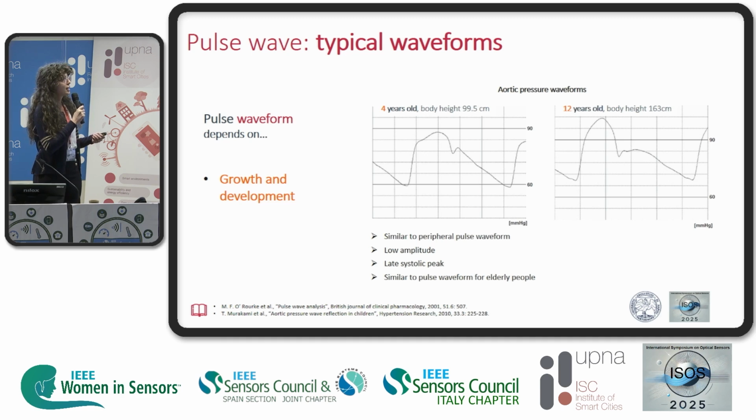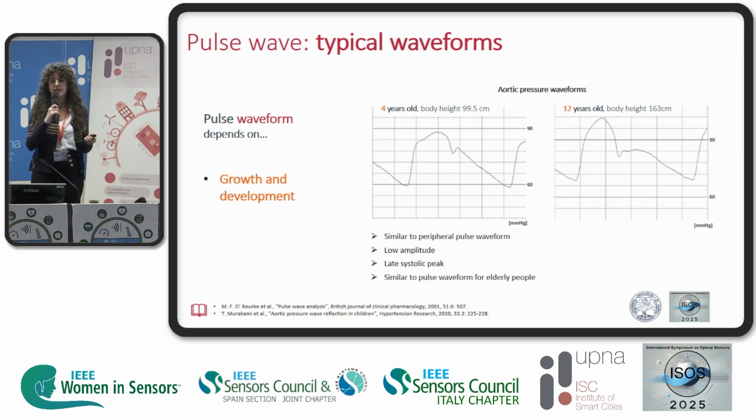Indeed, if we look at the pulse waveform for newborns, we can see differences with respect to the older pulse waves. For example, it has a lower amplitude and a late systolic peak.